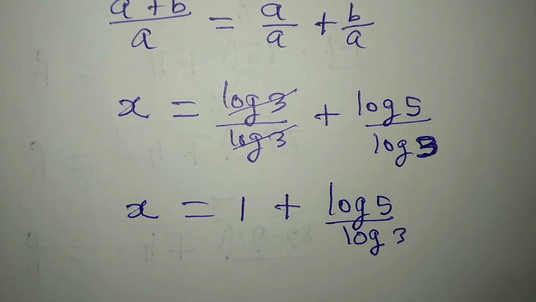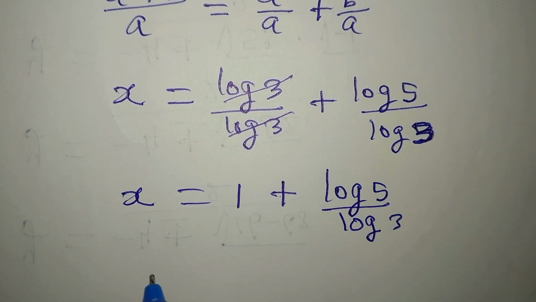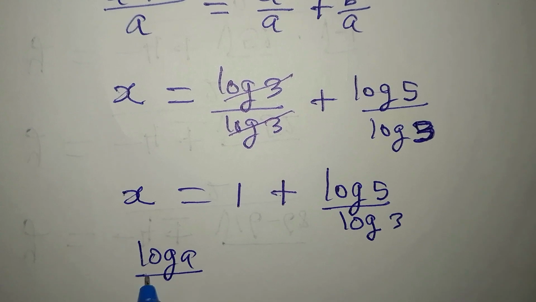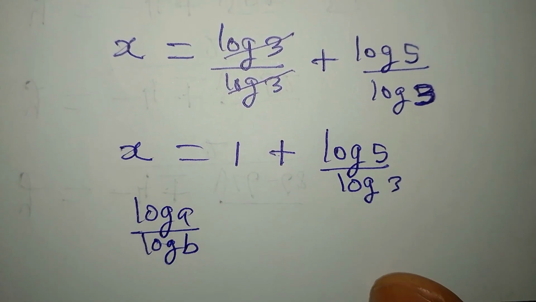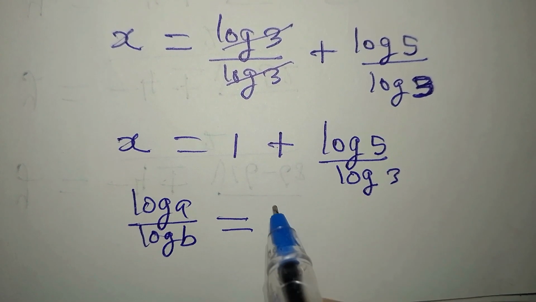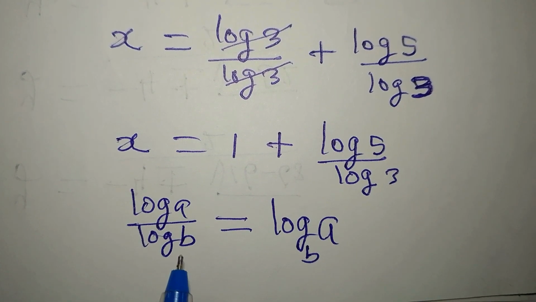Okay, now there's another law that we'll have to introduce again. If you have log A over log B, both of them are having the same base, right? So we can decide to change the base, as we now have log A to base B. What you have here becomes the base.